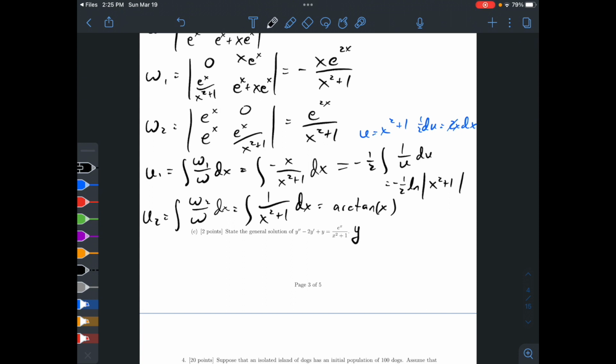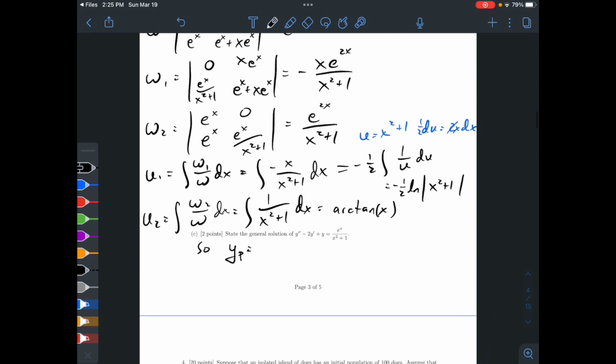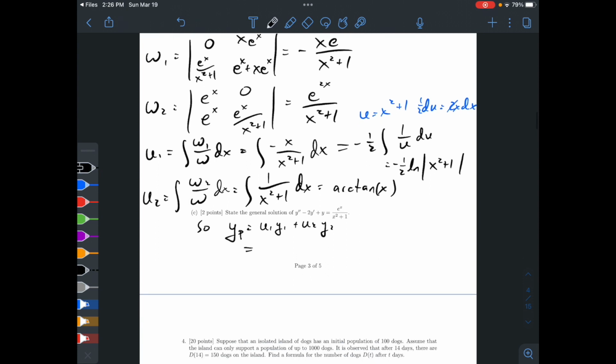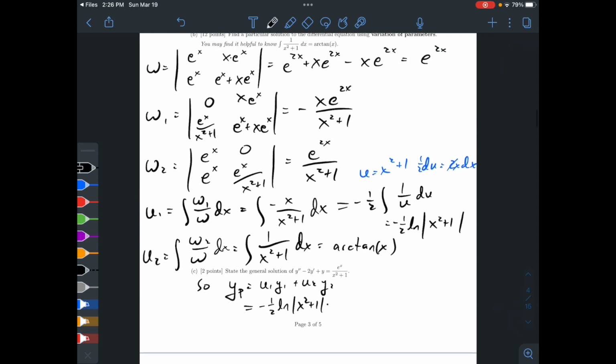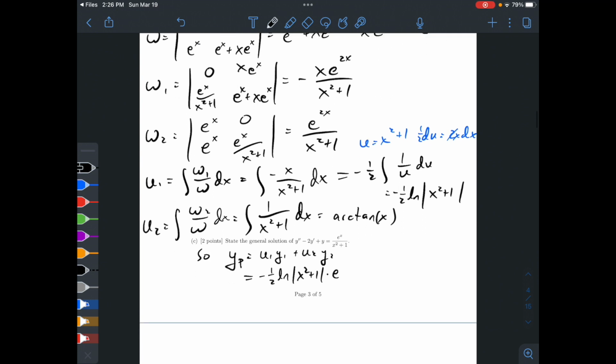So what's our particular solution? I'll just write it down here because I'm out of space. So y sub p is equal to u1 y1 plus u2 y2, right? u1 y1 plus u2 y2, and then subbing all the right stuff in. u1 is negative a half ln of x squared plus 1. y1 was e to the x.